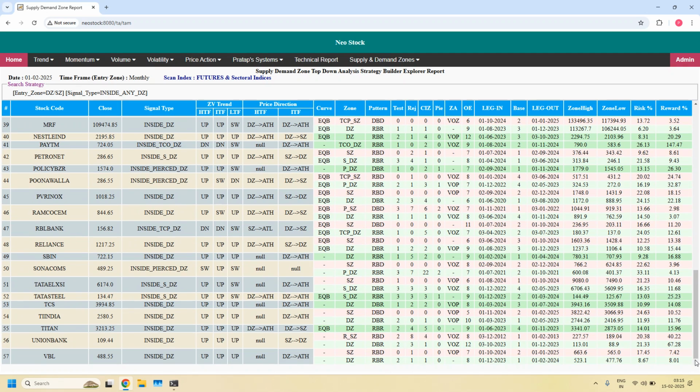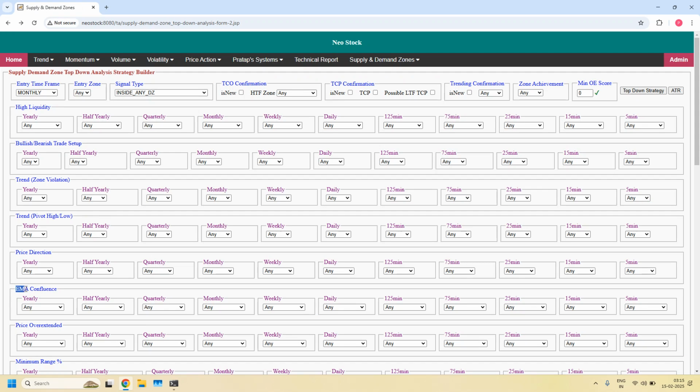But analyzing these 57 stocks might be very hard. So that's why, based on the EMA Confluence, we want to further filter this list. So I'm going back, and in the EMA Confluence at monthly time frame, I'm setting the filter if monthly demand zone is having monthly EMA Confluence or not. And also trend on monthly time frame, I'm selecting either up or down.